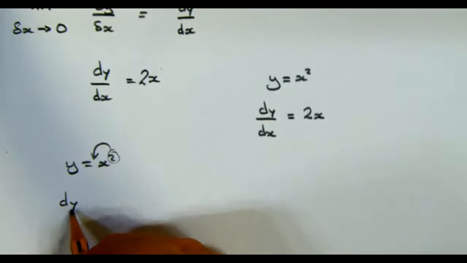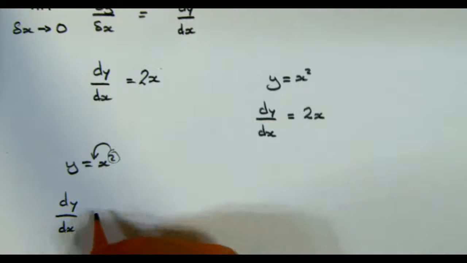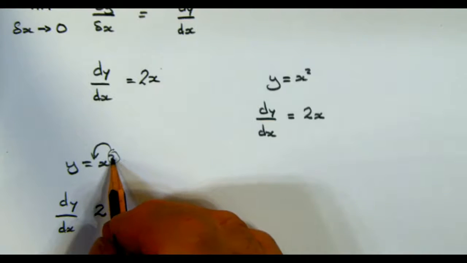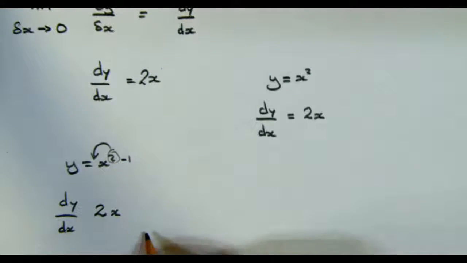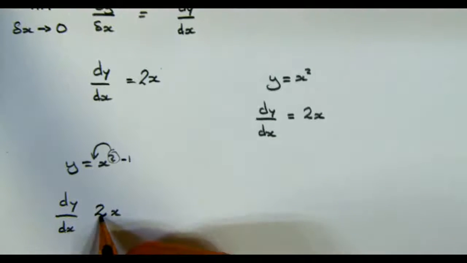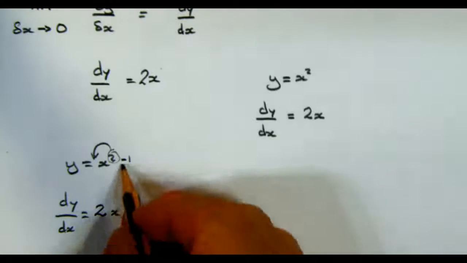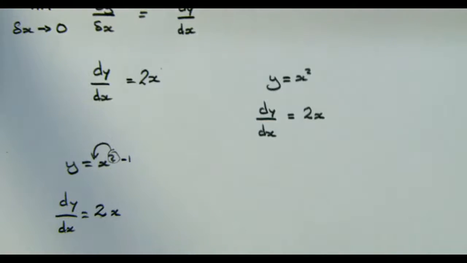So dy by dx is going to be 2 times x, and this value of x will decrease by 1. So we take our number, put it down here, and our x decreases by the value of 1.